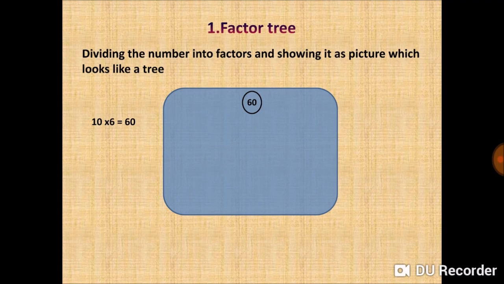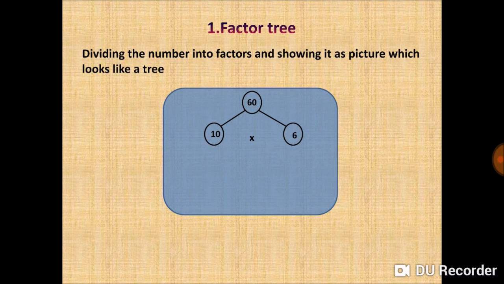Now I am writing in this way. This side, left side 10 multiplied by 6. Usually we put circle around it. Okay. So next we are going to divide these two factors into its own factors.